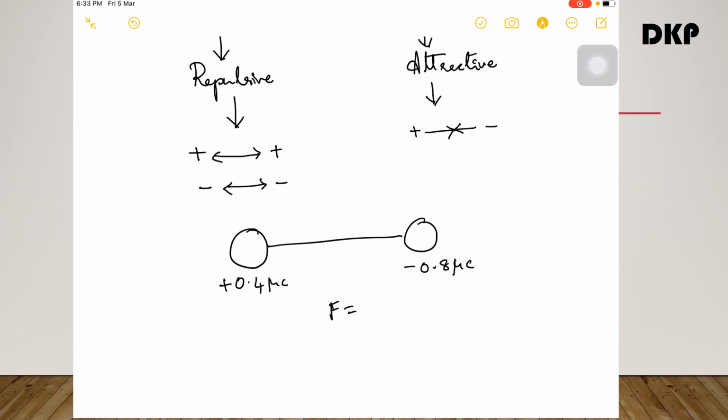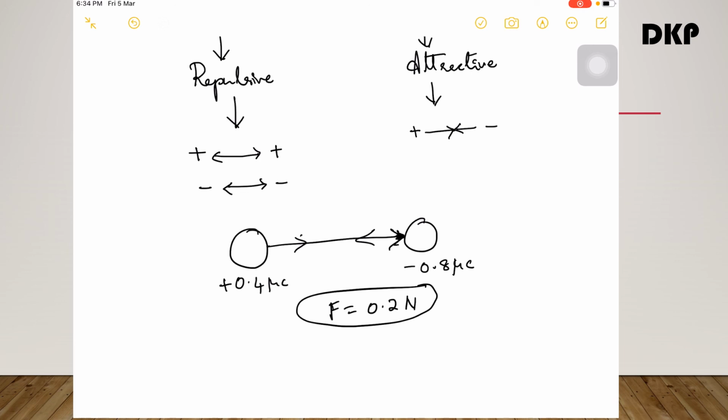Force is 0.2 Newton. Whether 0.4 is attracting minus 0.8 or minus 0.8 is attracting 0.4 towards it, the force applied is the same.